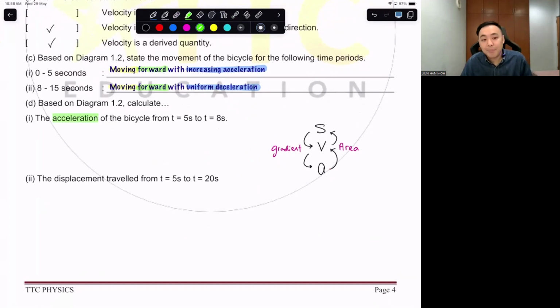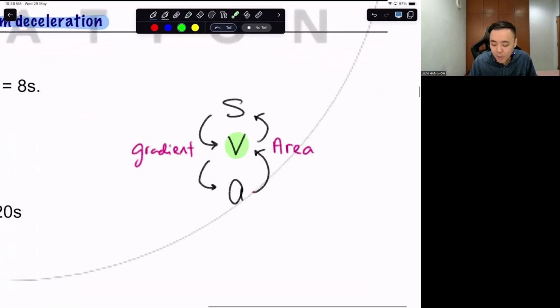Over here, I start from velocity, but what they want me to calculate is acceleration. So you look at this, you are here, you are looking for A. Where is A? Upstairs or downstairs? It's downstairs, right? Which escalator do you take to go down?